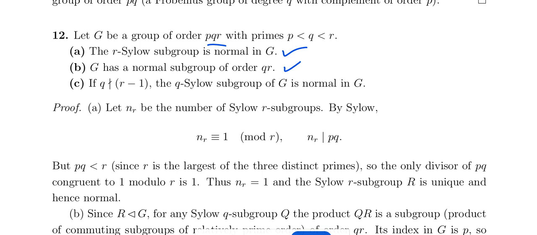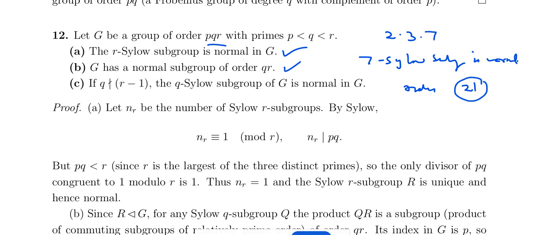For example, take 2 into 3 into 7, or we can also take 5. Here 7 is the R, so the 7 Sylow subgroup is normal in G, and G has a normal subgroup of order 3 into 7, that is 21.